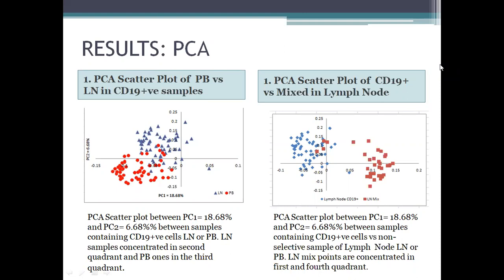Then a PCA scatter plot was obtained within the lymph node group for CD19 positive cells and the lymph node samples that had all kinds of cells within the mixed group. The PC components remain the same, and we can see that the lymph node CD19 positive cells are more concentrated in the second and third quadrant on the left side of the y-axis, whereas the lymph node mixed cells are more concentrated in the first and fourth quadrant away from the y-axis.